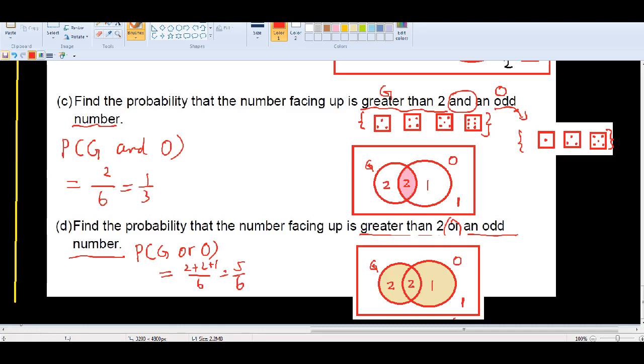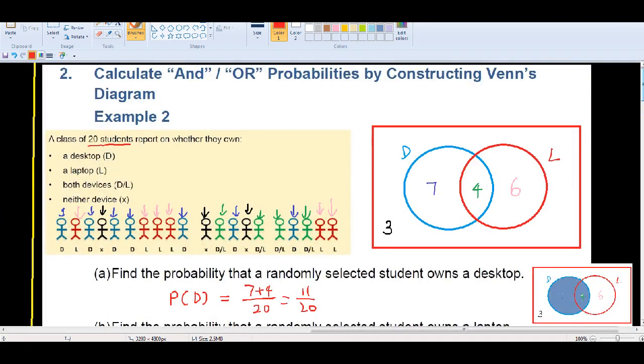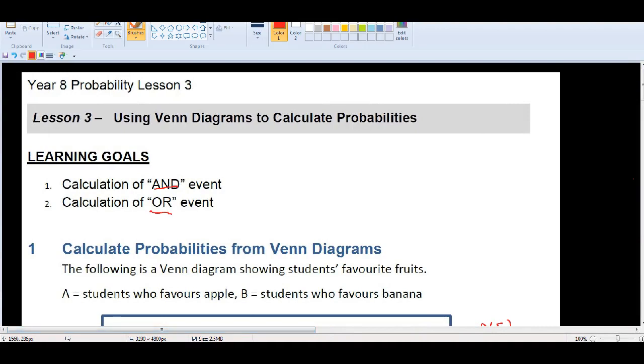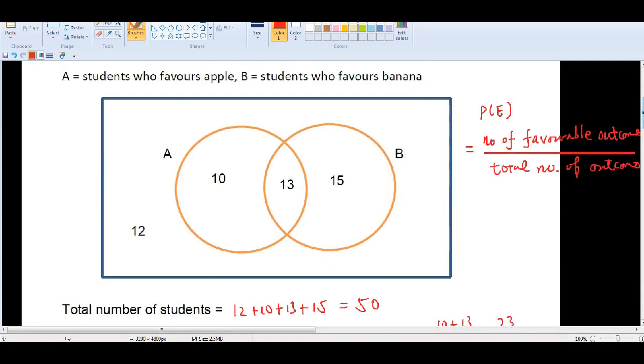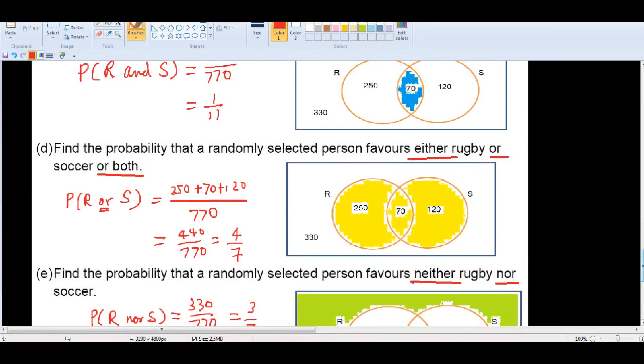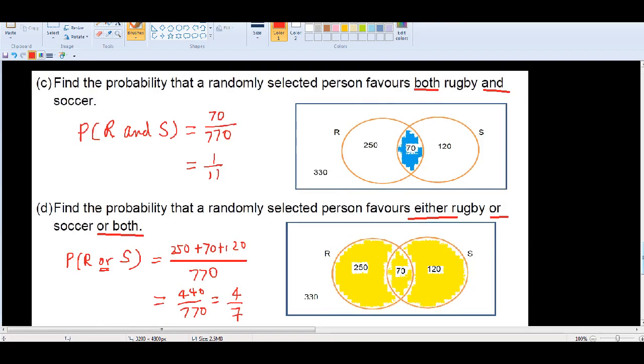So here are all the materials you need to learn. You should understand there are 2 kinds of relation between 2 events. It could be and, it could be or. For events using and, we need to consider the overlapping area between the 2 circles.